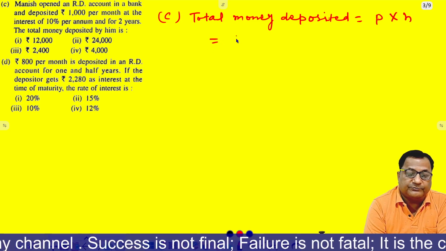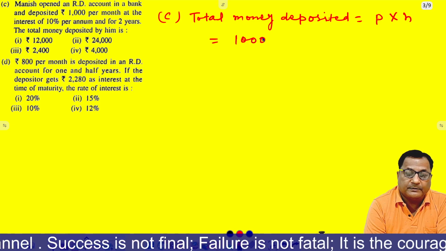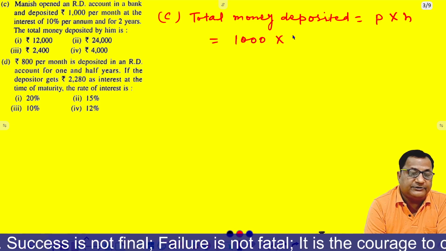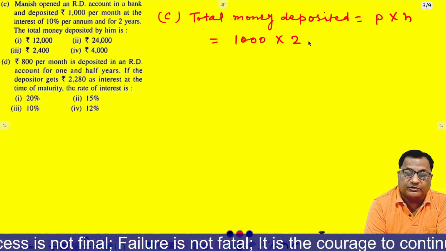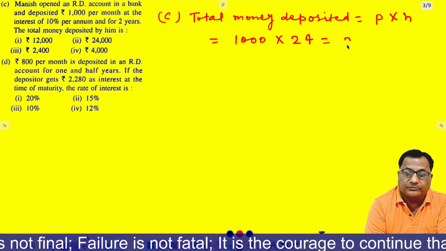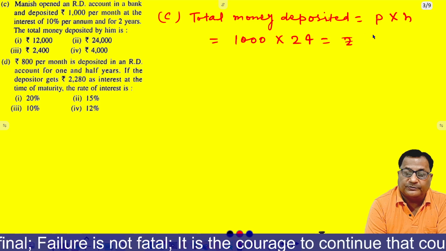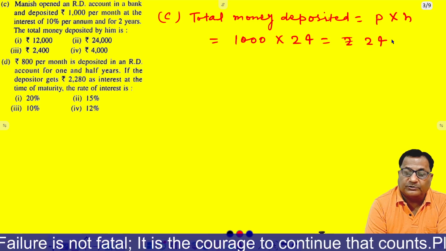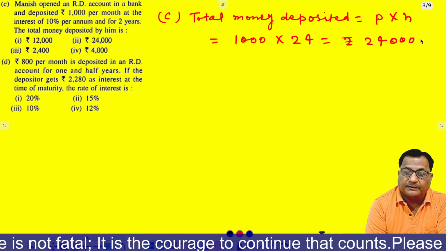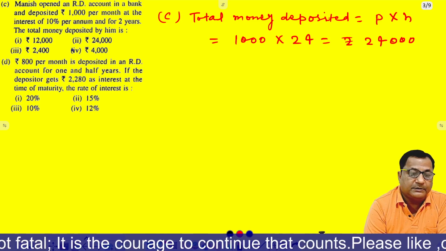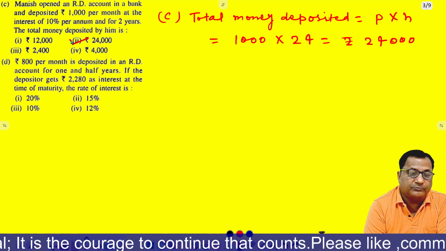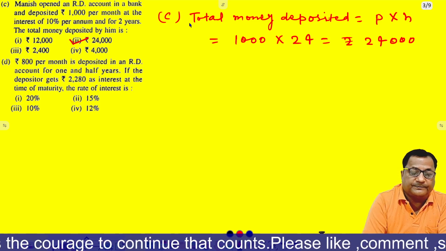So P is 1000 and N is, for 2 years, 24. So this will be rupees 24,000. This is the answer. So number 2 will be the right option.